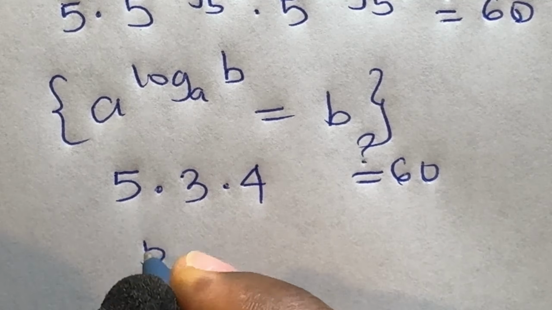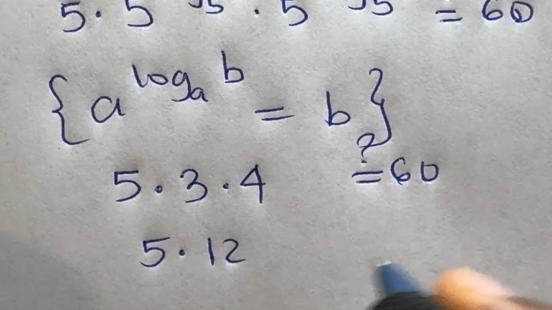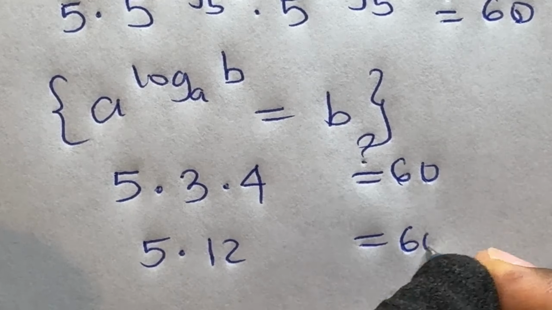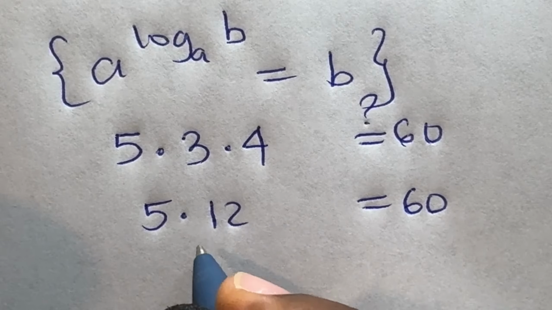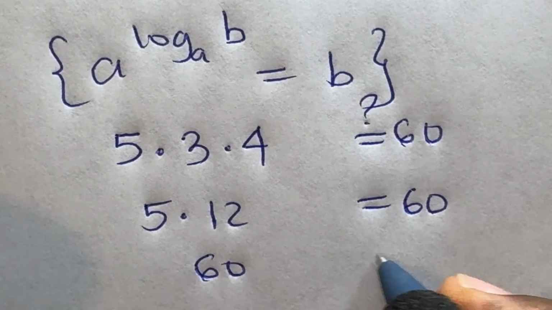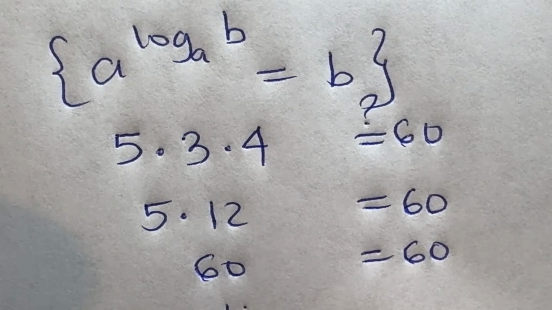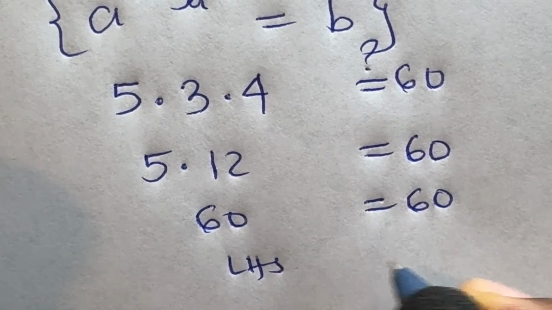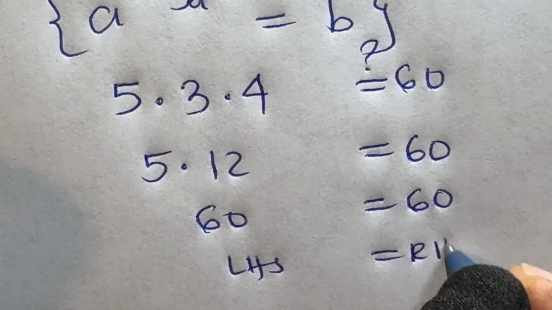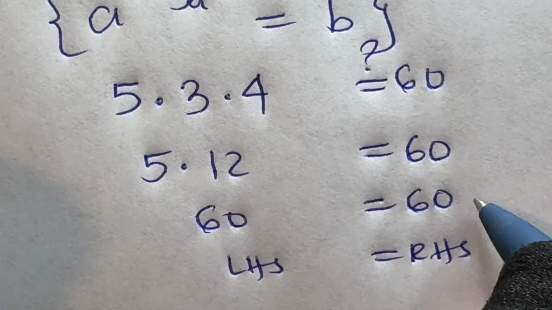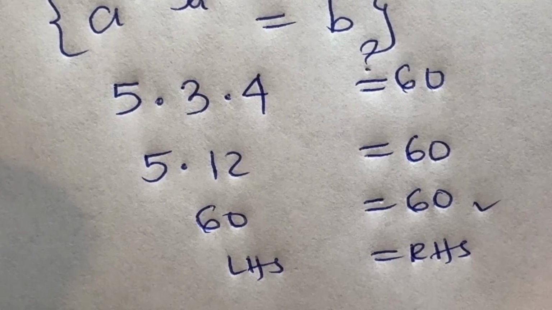This is 5 times 12 is equal to 60. And of course, 5 times 12 is 60, giving us the same thing on the left-hand side as the right-hand side, meaning that our solution is perfectly correct.